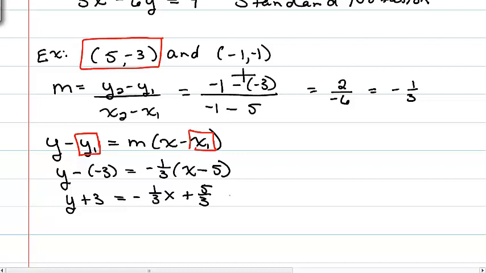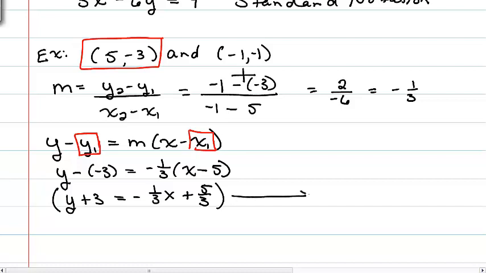Okay, so at this point, this is when I would multiply to get rid of my fractions right here. If you do it any later than this, then you're going to end up having to add fractions and whole numbers, which is kind of messy. So I find it best to just get rid of the fractions right away, since you know that you need to do that to go to standard form anyway.